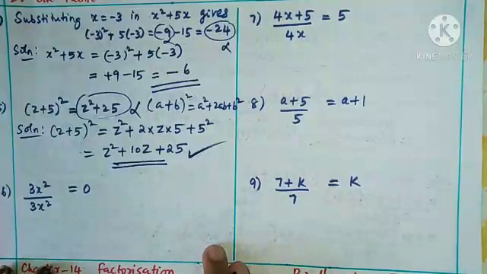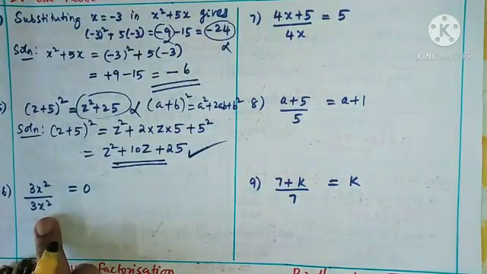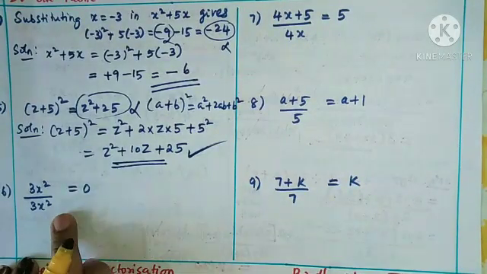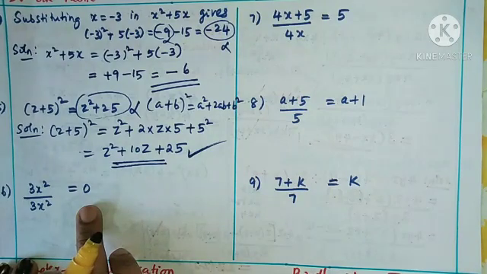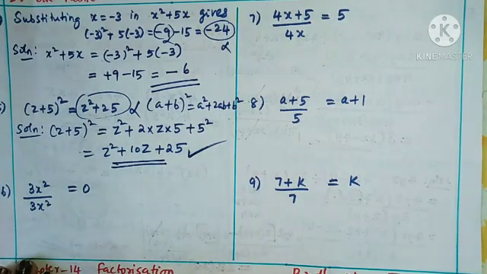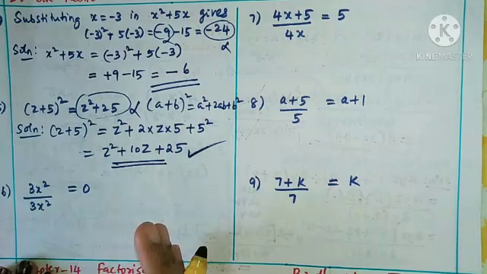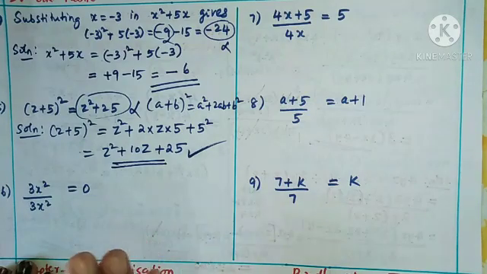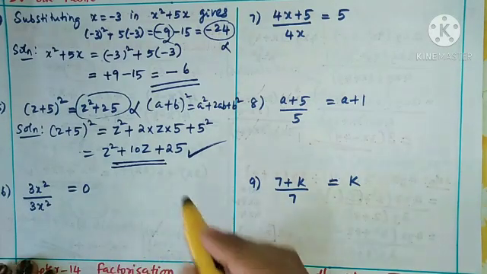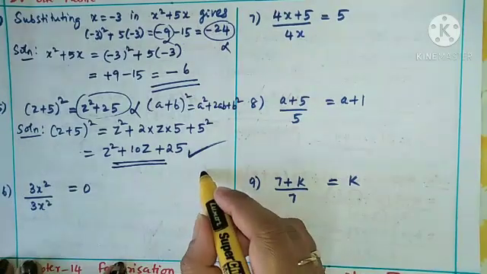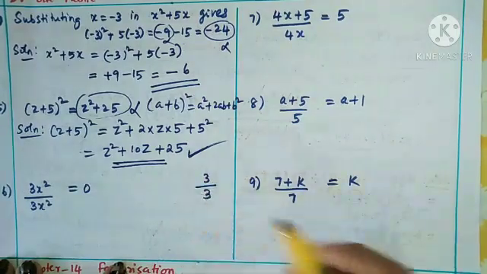Understood? Yes. Now the next question, 3x² by 3x² equal to 0. What is the meaning of this? You know, a number divided by the same number, when you cancel, it is equal to, yes, 3 by 3.